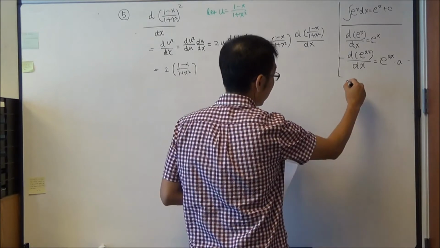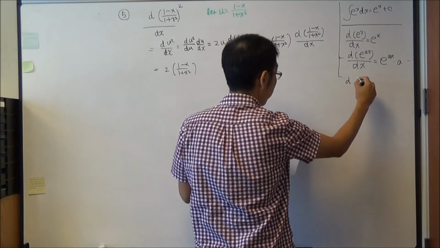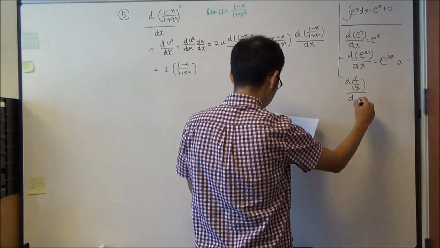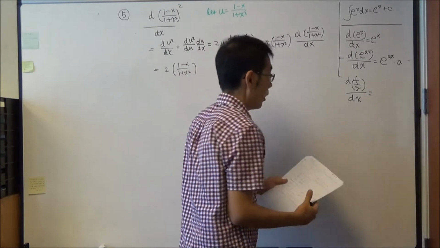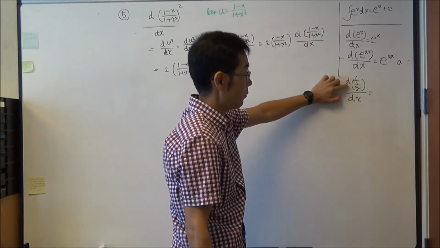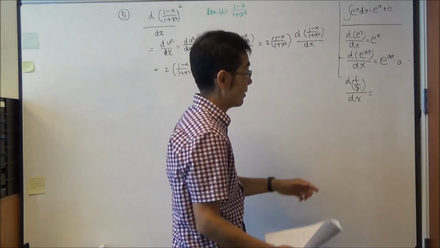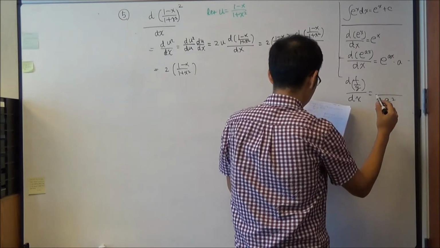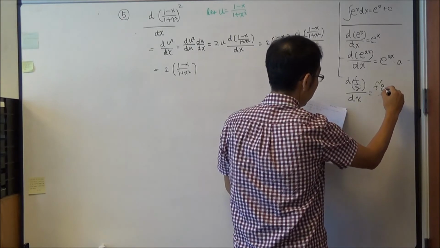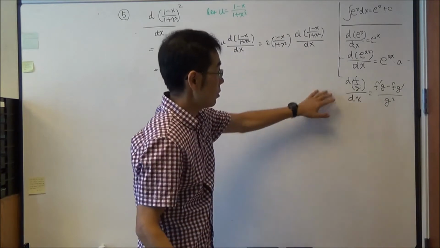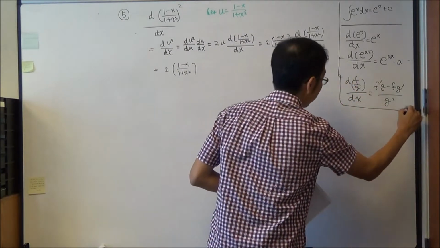Let's say we have an f over g function, and you want to take the derivative of that f over g function with respect to x. Then this one is g squared, and f prime g minus f g prime. So we just use this one, okay?